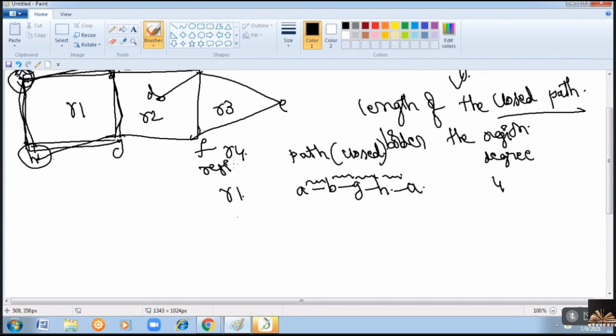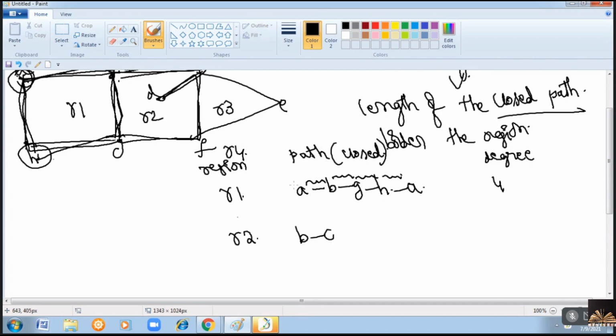Similarly, try to find the degree of region R2. So this is the second region, right? What is the path?